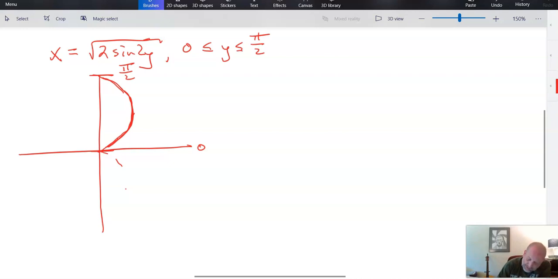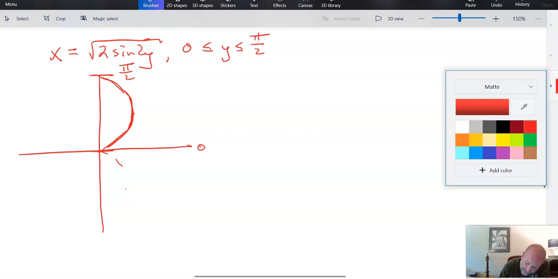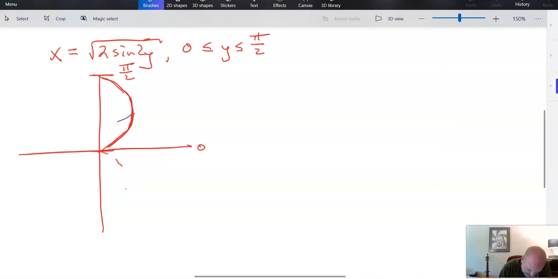And so we're going to be rotating this thing around the y-axis, right? So that means we need to carve out one of these fancy schmancy discs. So we're looking at that. And so again, I need the radius of the disk.